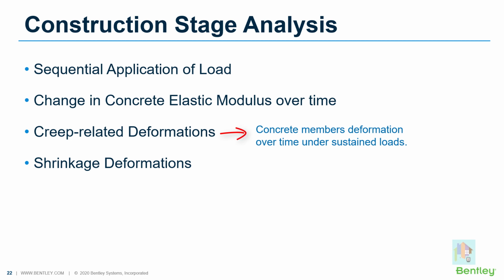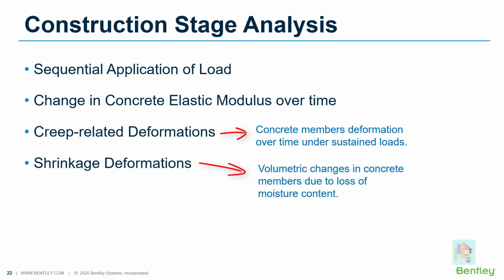Creep is related to the deformation of concrete members over a considerable length of time under persistent loads. All concrete members start to deform over time due to the applied load, and the deformation varies with time. Similarly, shrinkage is related to the volumetric change in concrete members due to loss of moisture content.